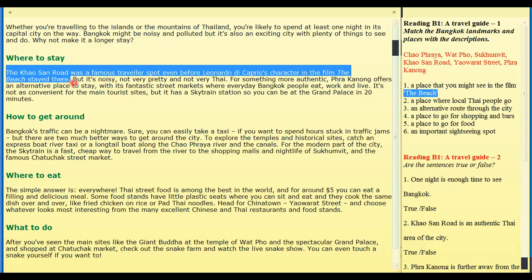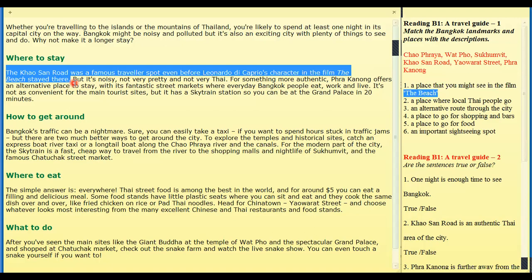Go back to our question: a place that you might see in the film The Beach. In this sentence, one character, Leonardo DiCaprio, went to Khao San Road to stay there. So in this film, Leonardo DiCaprio traveled to Khao San Road and stayed there.